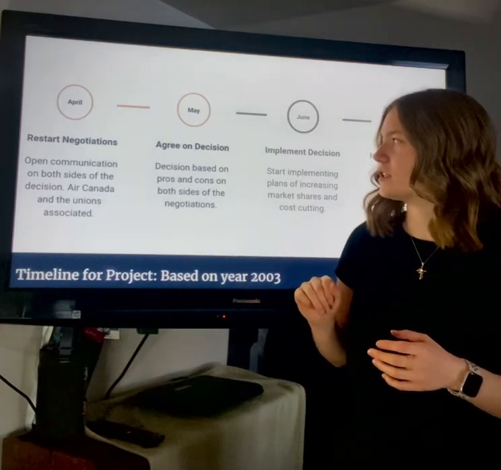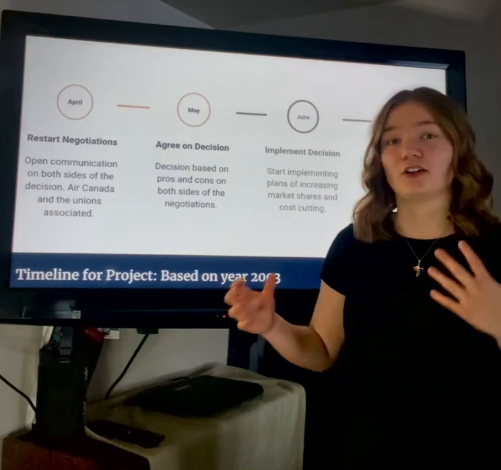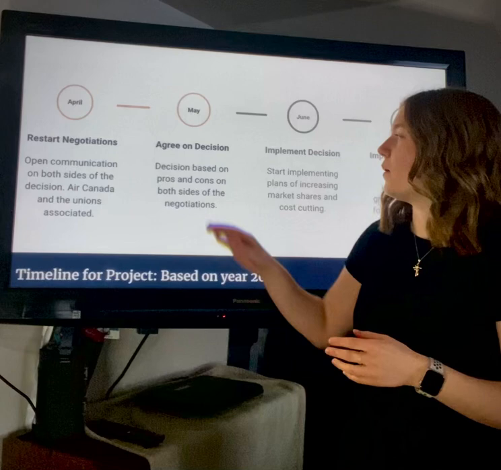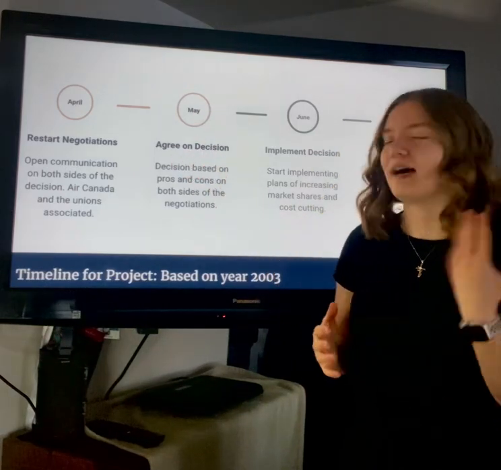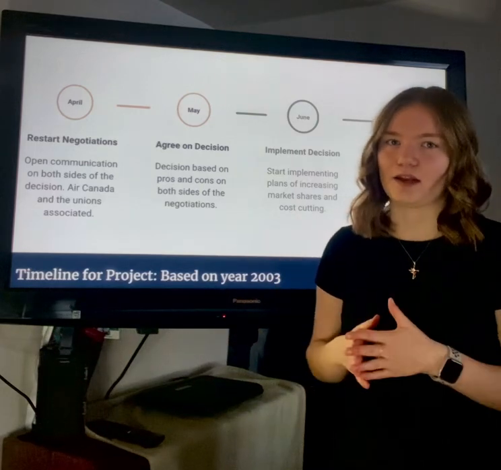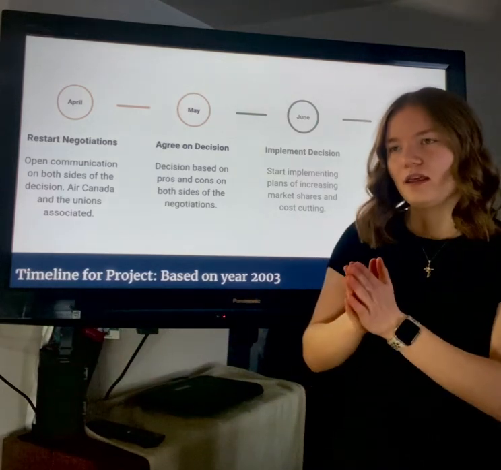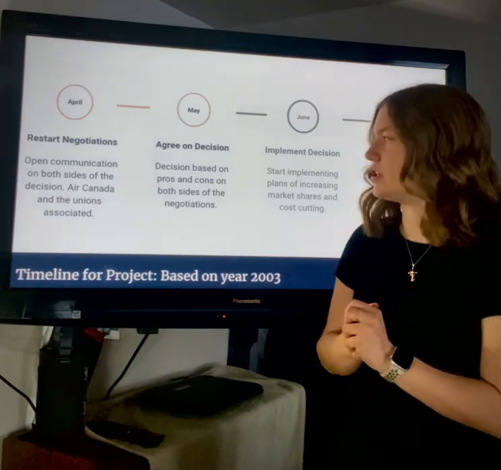May 31st is when the courts will force liquidation if there's not a decision made. So they want a decision agreed upon that has both the unions and Air Canada in mind. They want to streamline their goals for the company together, using collaboration.